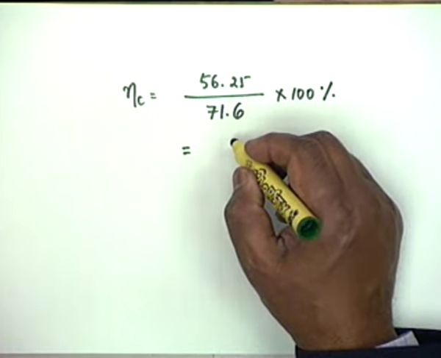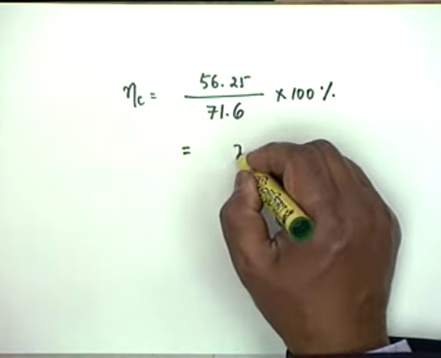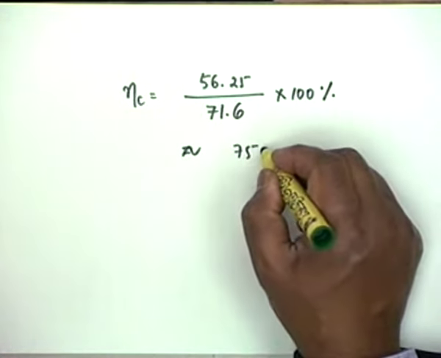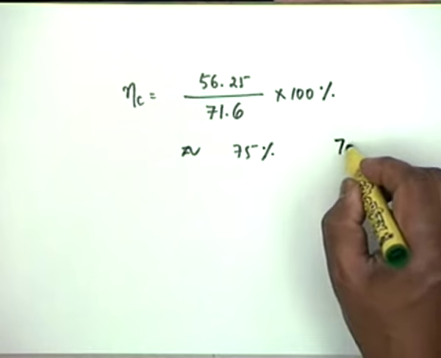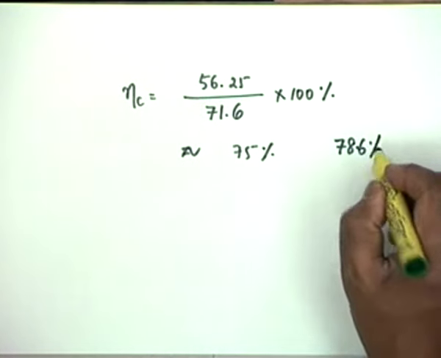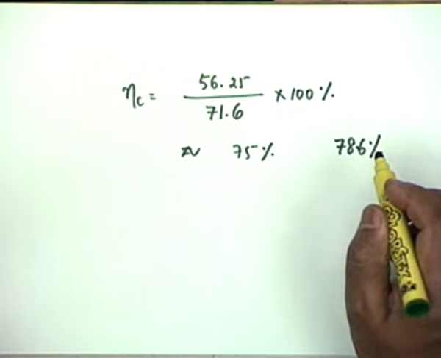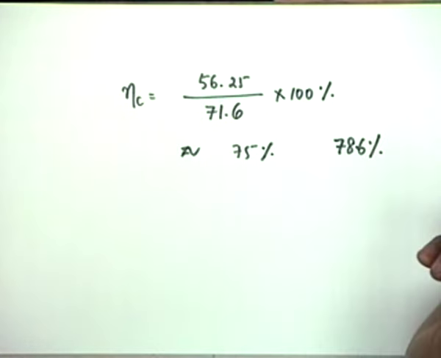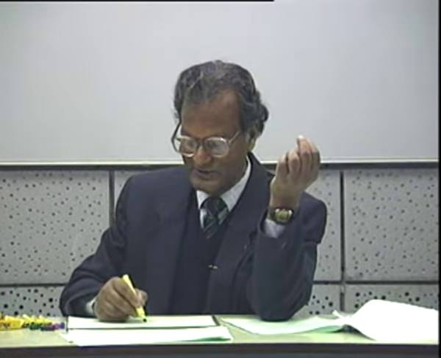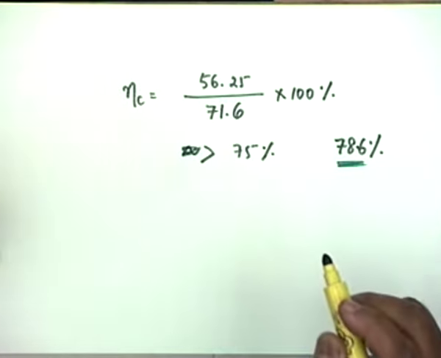Approximately 75%. All right, that's not too bad, because your maximum is 78.6%. Your maximum is 78.6. This, I guess, is more than 75. It cannot exceed 78.6.